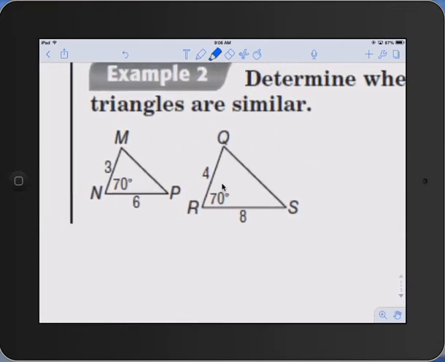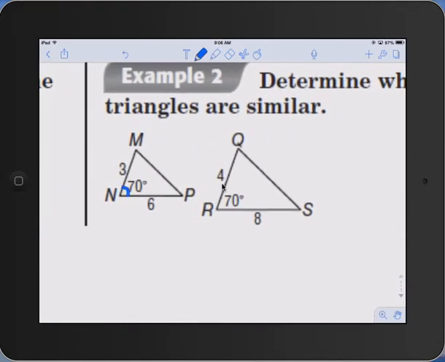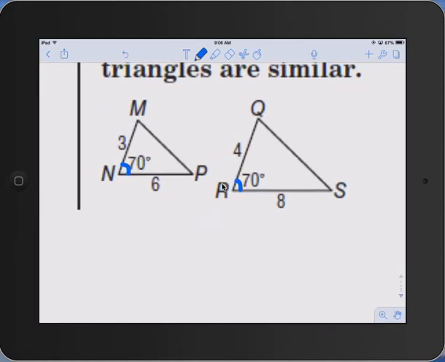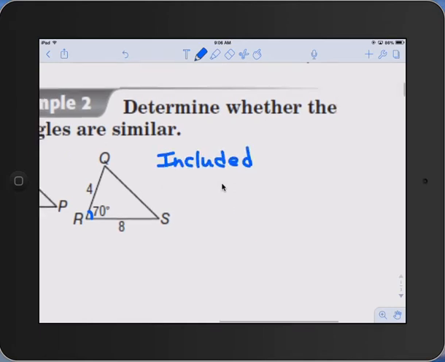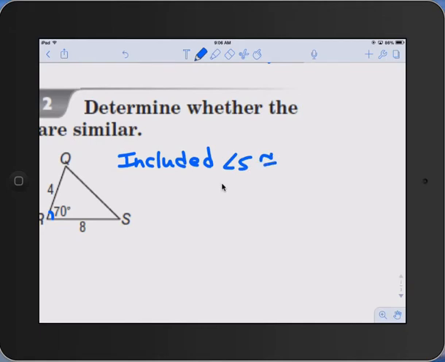Now for the second one, we're given a pair of congruent angles, and then we have sides that are given to be 3, 6, 4, and 8. So the angles that we need are included between the sides that are given. So that part, included angles are congruent.